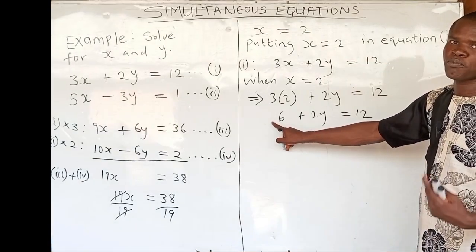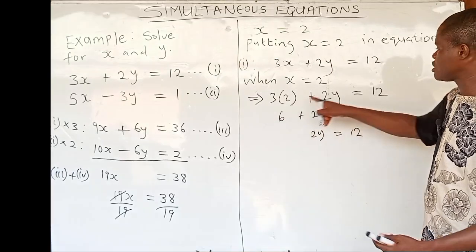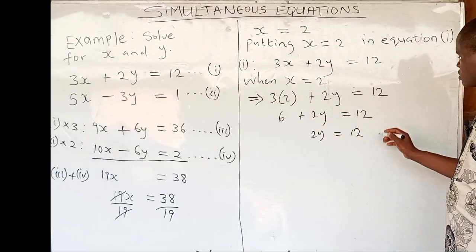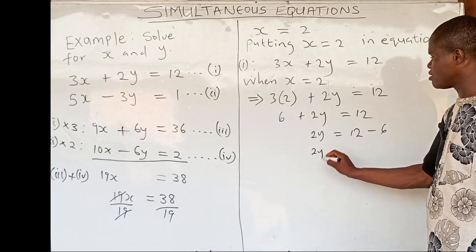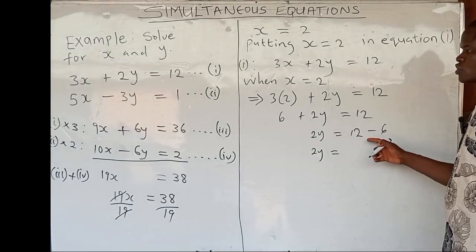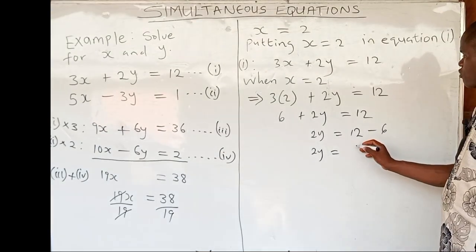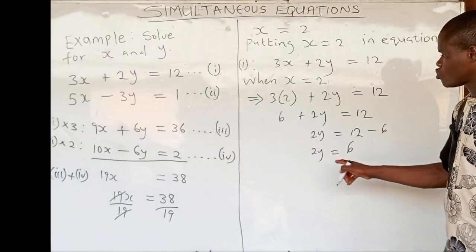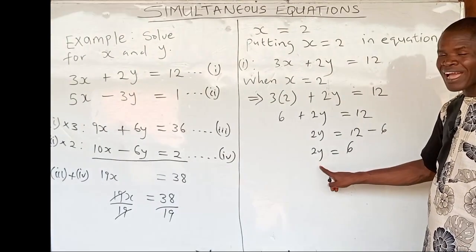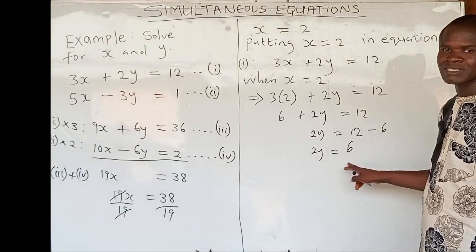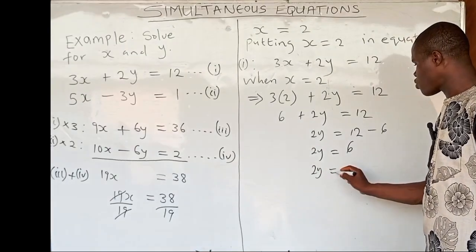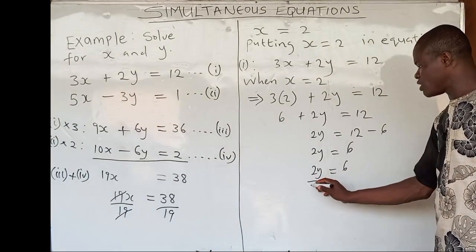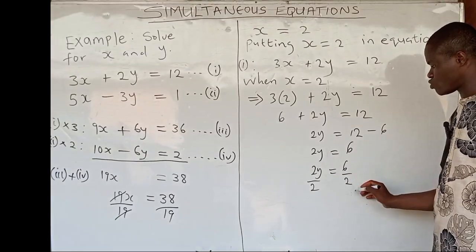This 6 here was positive 6. If it crosses the equal sign, it becomes minus 6. So 2y is equal to 12 minus 6, which gives us 6. What to do next is to make y stand alone by dividing both sides by 2. So 2y is equal to 6 divided by 2, divided by 2.